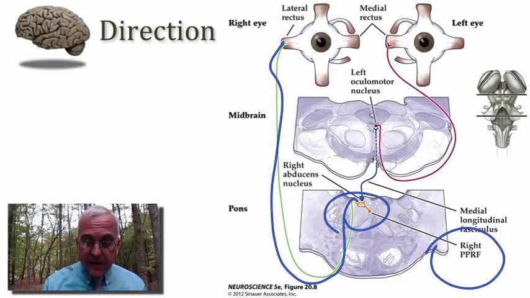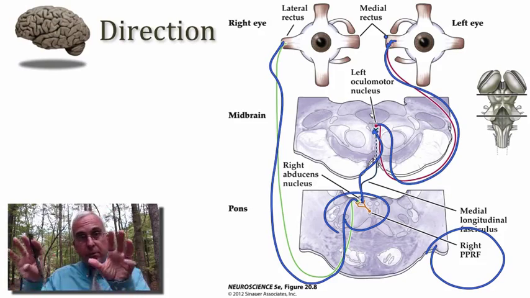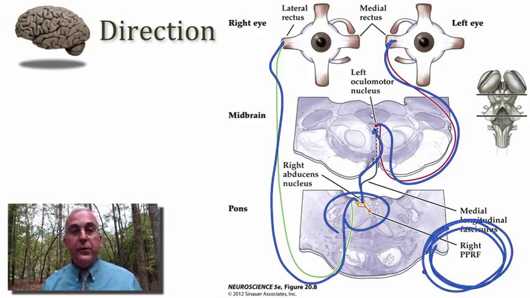There will also be an internuclear neuron that will cross the midline and supply the appropriate alpha motor neuron in the contralateral oculomotor nucleus. That motor neuron then will fire away and cause contraction of the left medial rectus, allowing me to turn both eyes to the right in a conjugate way. So again, this paramedian pontine reticular formation is what we call the horizontal gaze center.